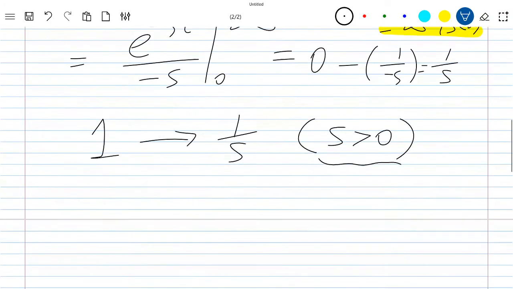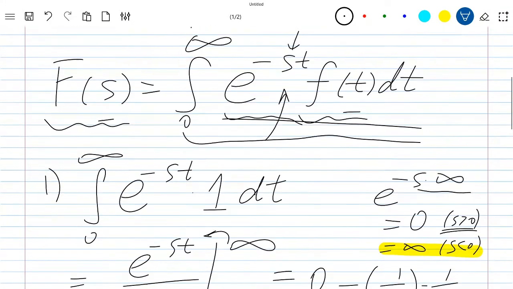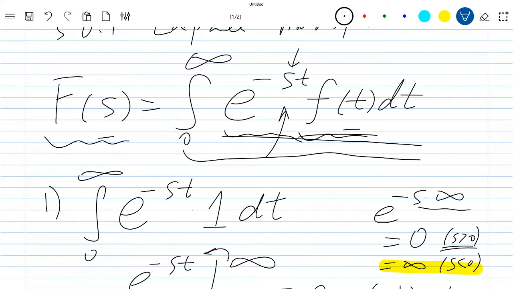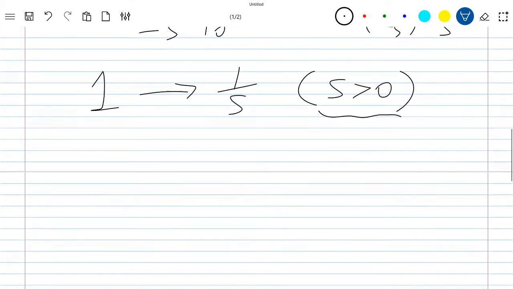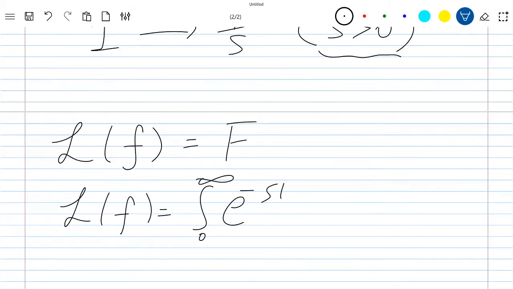Let's introduce a new notation. Since this transformation converts a little f to a capital F, we denote it by L. The input is f, the output is capital F. So when we say L of f, it means the integration of e to the negative st times f of t dt.